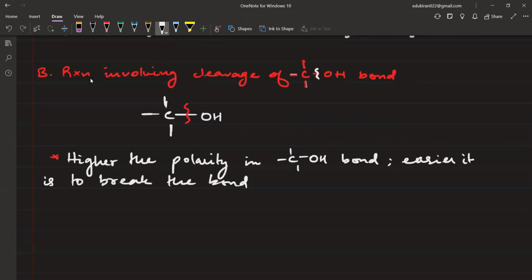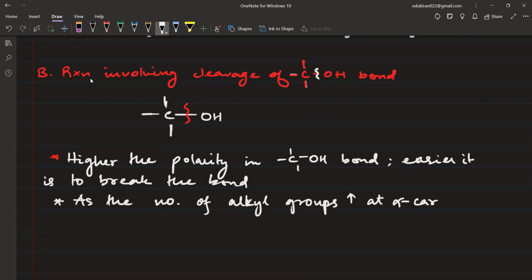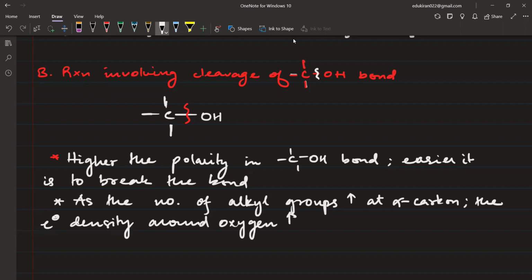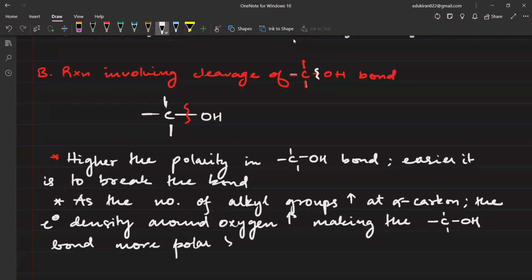Then next we will write, as the number of alkyl groups increase at alpha carbon, the electron density around oxygen increases, making the COH bond more polar and easier to break. Okay.